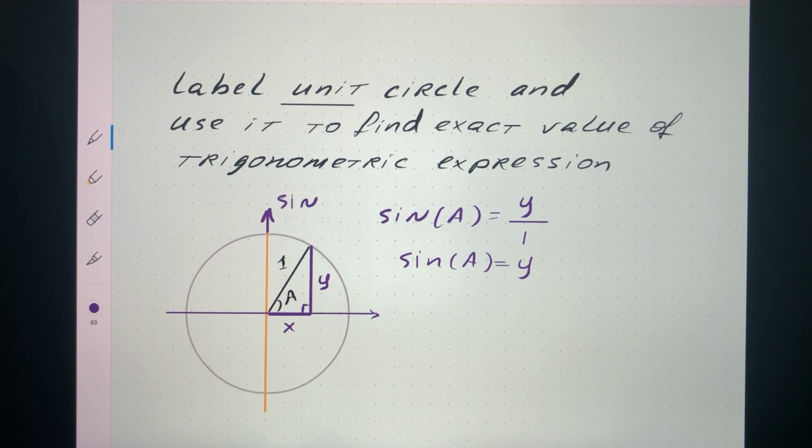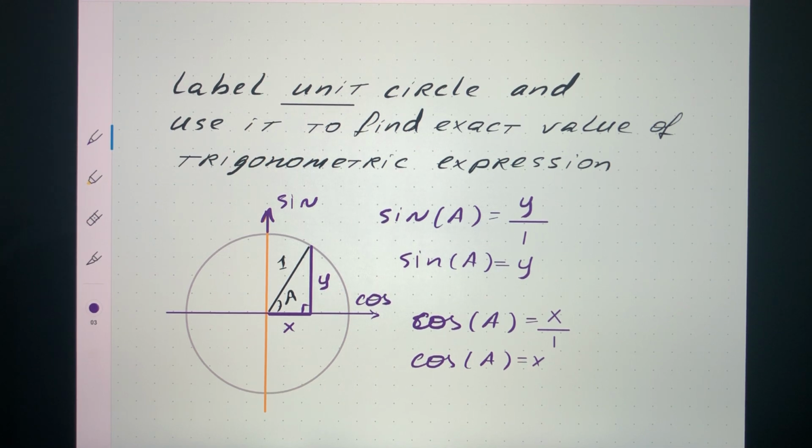And if we look at the x, then the x is the adjacent side to the angle A, and adjacent over hypotenuse is called cosine. So cosine of the angle A is x over 1, which is the same as to say cosine of any angle is the x-axis, and that is why we label the horizontal as the cosine.